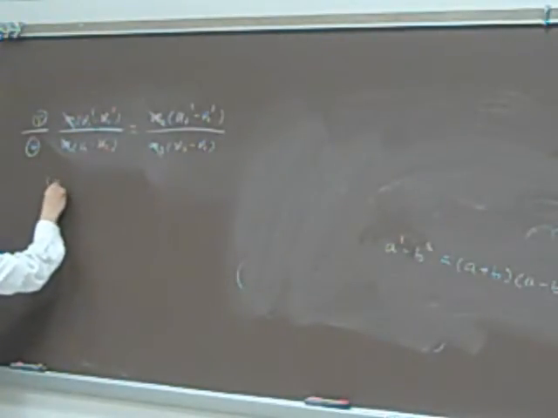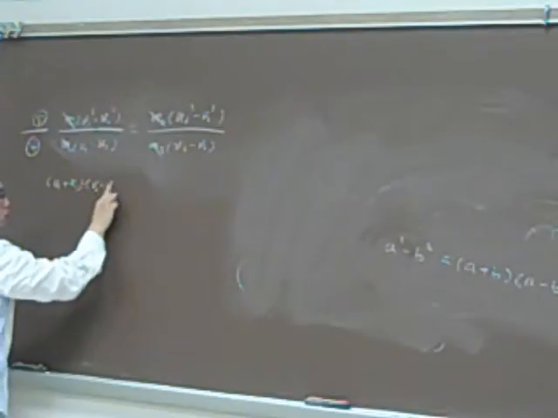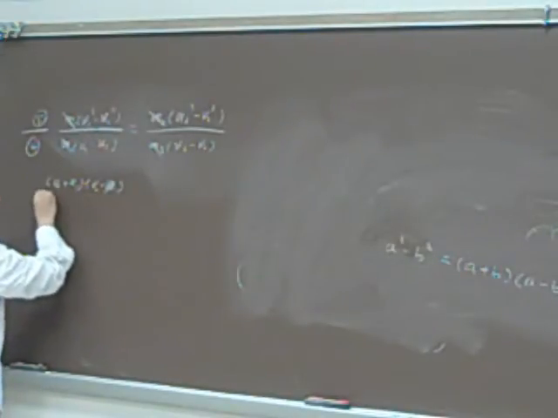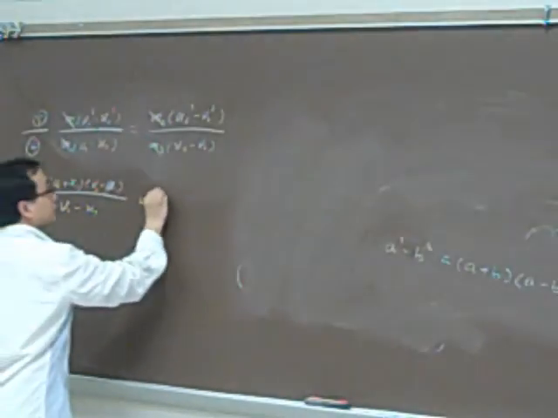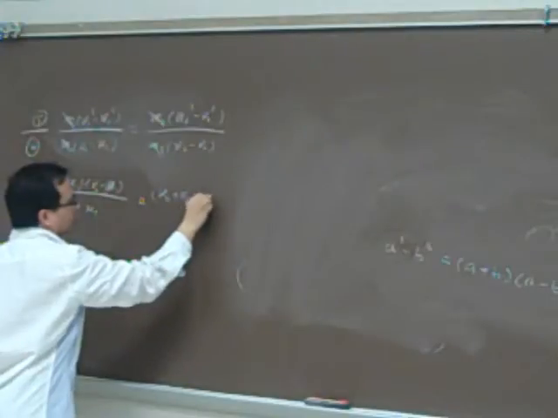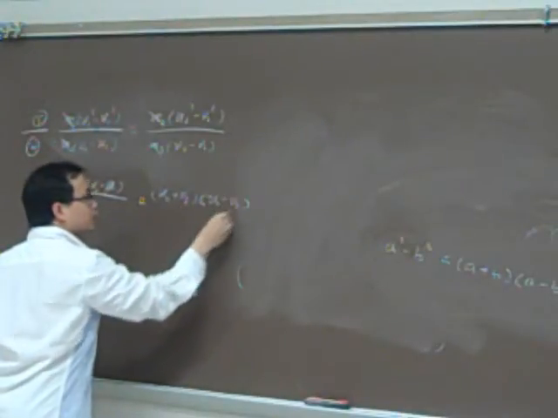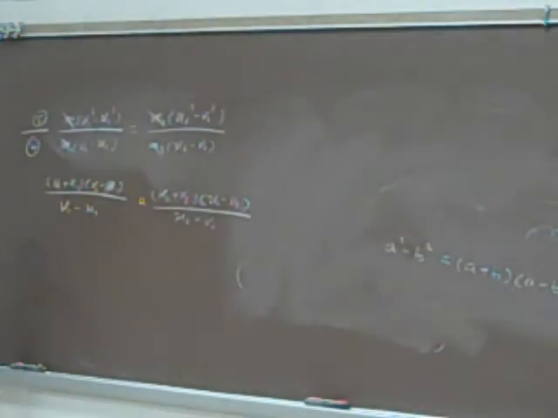It becomes (v1 plus u1) multiplied by (v1 minus u1) and divided by (v1 minus u1). This side you get (u2 plus v2)(u2 minus v2) divided by (u2 minus v2).